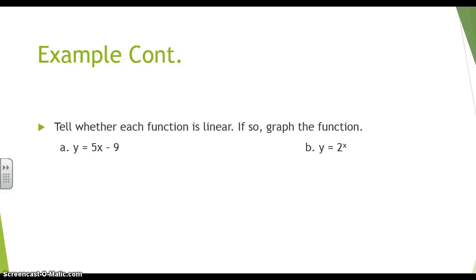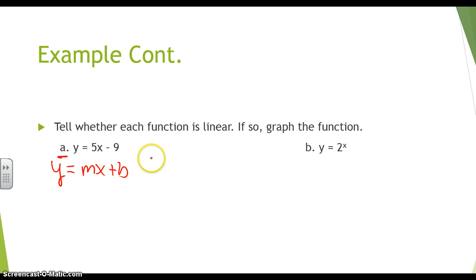The last examples here, it says tell whether each function is linear. If so, graph the function. Well, some of you might have seen equations written in the form of y equals mx plus b. And for A, that equation is in the form of y equals mx plus b.